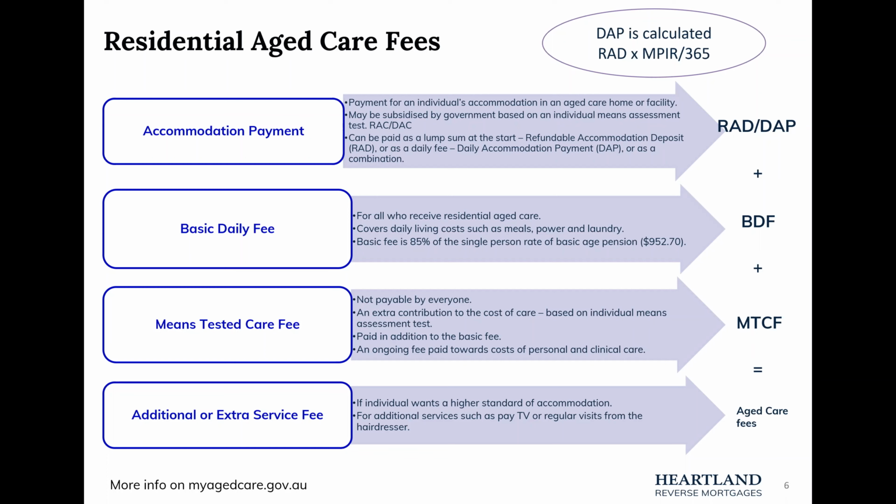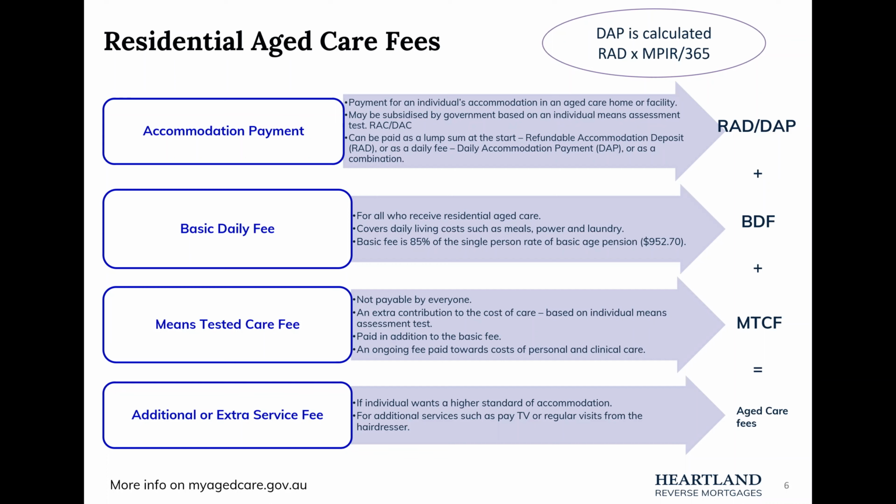So the DAP is like paying rent, and usually averages around $75 per day. It's like the RAD converted into a daily fee with additional interest costs as well. You can see the calculation up top there. The refundable accommodation deposit times the maximum permissible interest rate.